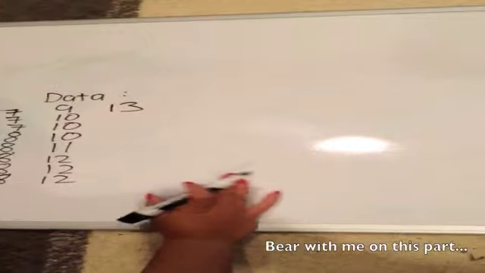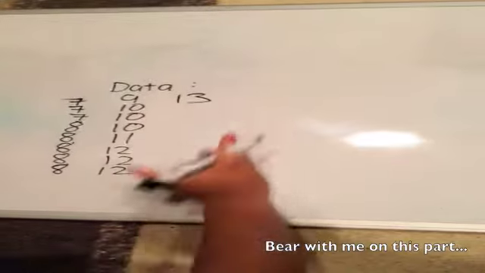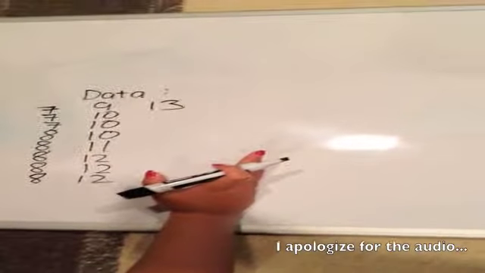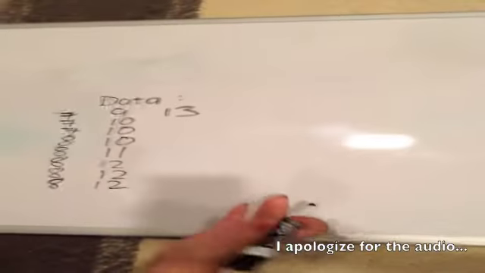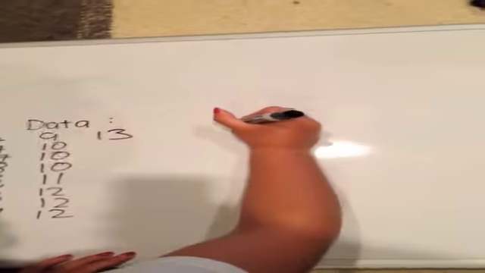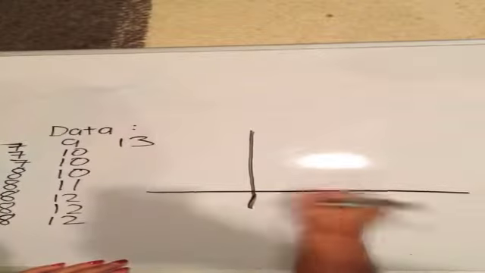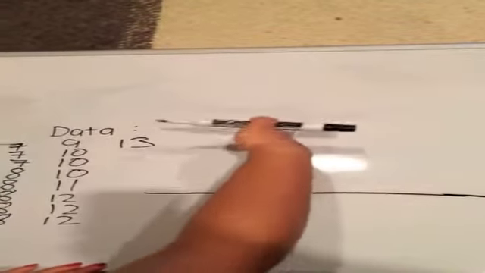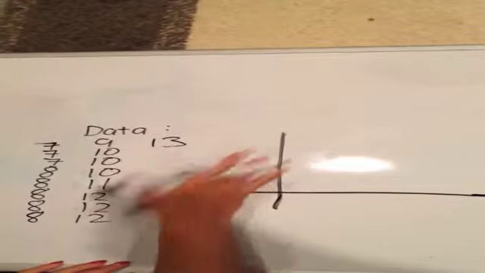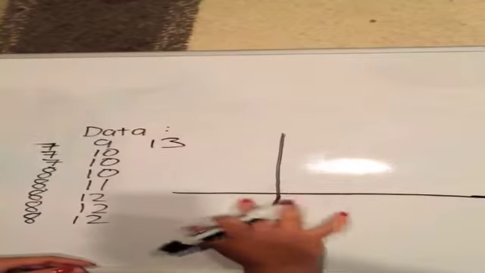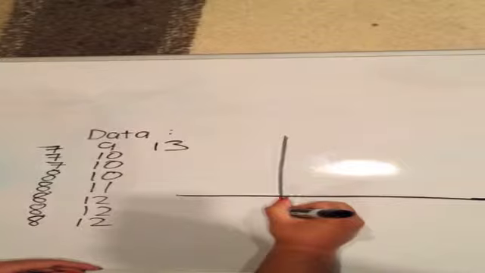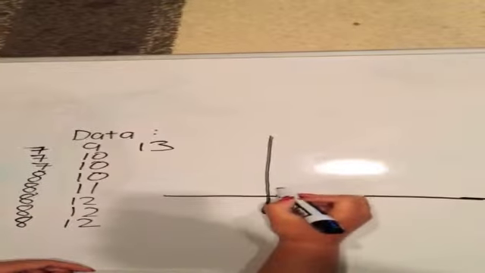So I'm going to show you an example of how to make a histogram. This is a collection of numbers that are basically our values. In a histogram, the y-axis would basically be the frequency of the numbers, and then the x-axis would be where our values would go.